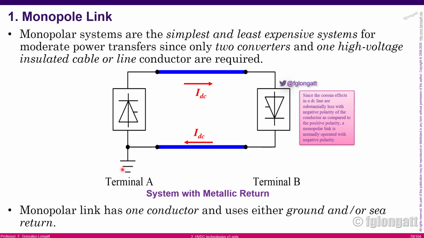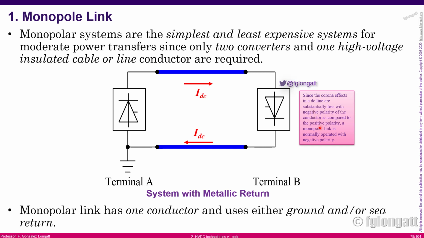When we have this ground point, the idea is that we are including 0 here as a reference, okay? When we use the monopole link, typically what we do, in order to minimize the corona effect in the DC line, is use the negative polarity, since it is the one that is less affected by the corona effect.